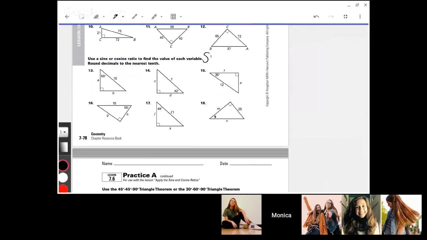So remember, no, we're not really using that one today. So both of these use the hypotenuse. Now, if we're looking at the 42-degree angle, the opposite side is C, right?